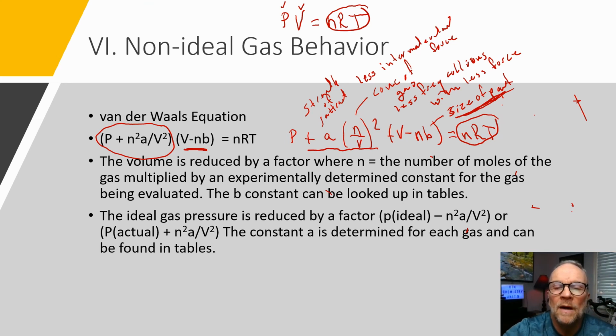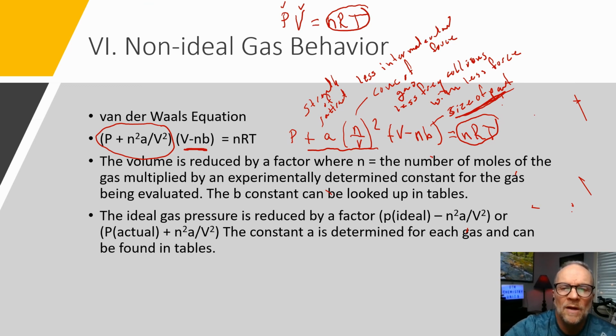And this n/V squared part of the equation is the concentration of the gas, the number of moles divided by the volume squared. And it's squared because you have less frequent collisions, and they collide with less force.